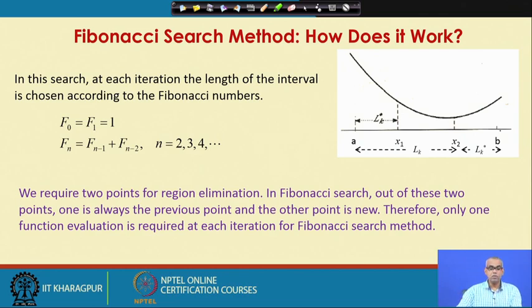Now, let us see how this Fibonacci sequence can be used to constitute an optimization search algorithm. In the Fibonacci search method, at each iteration the length of the interval is chosen according to Fibonacci numbers.